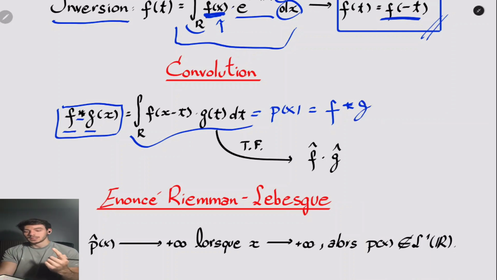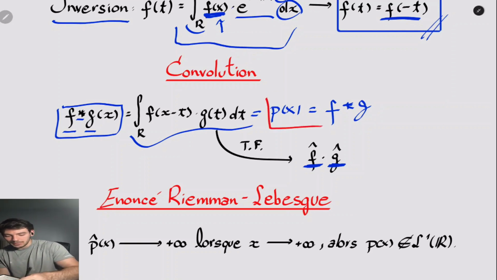That's the first thing. And the second thing is, if you use the Fourier transform on a convolution product, you'll have the Fourier transform of f times the Fourier transform of g. So in the context of questions, you'll probably have an equation like that.